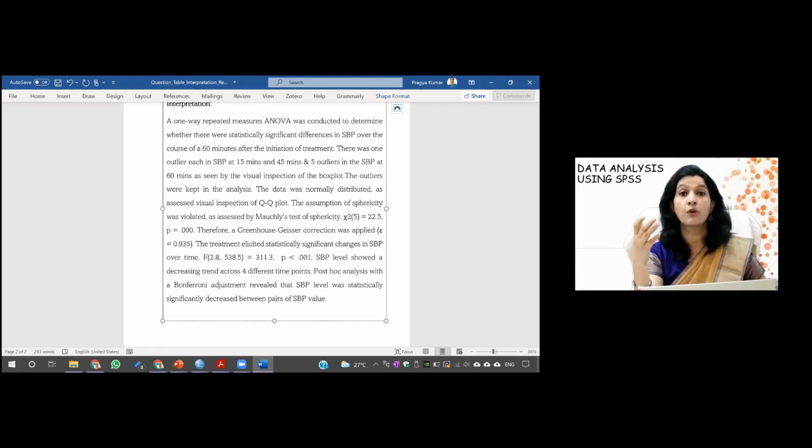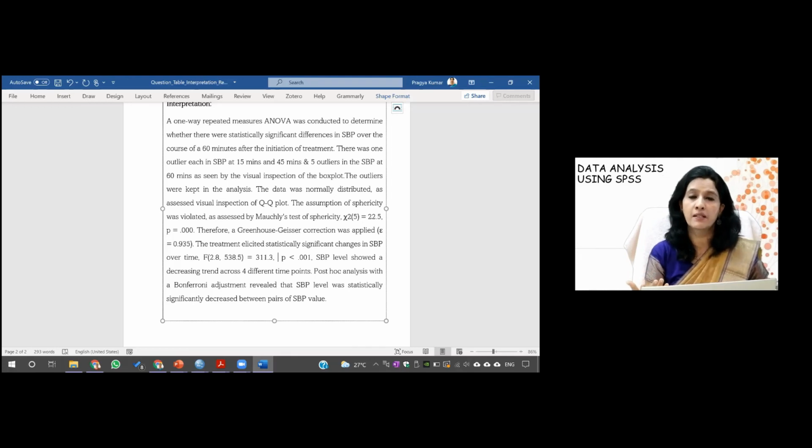You can also remove the effect of matching, because in an independent sample t-test you have to take groups which are very similar in both groups. But in a repeated measure ANOVA, the subject acts as his or her own control. So you remove that variance, that deviation, to a larger extent.